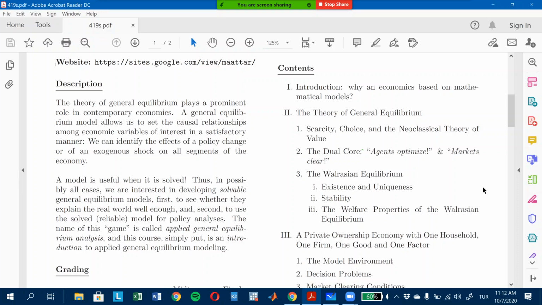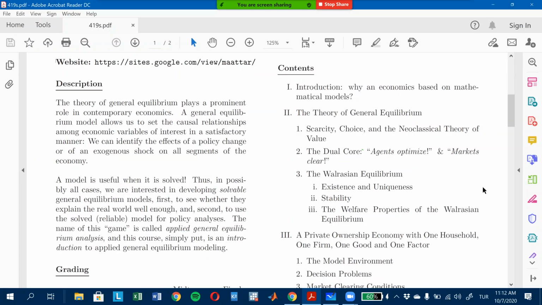For next week, I want you to read the introduction and I think it was chapter 1, the Walrasian equilibrium, positive properties of Walrasian equilibrium. Okay? And I also want you to think about the meaning of the things that we discussed today.